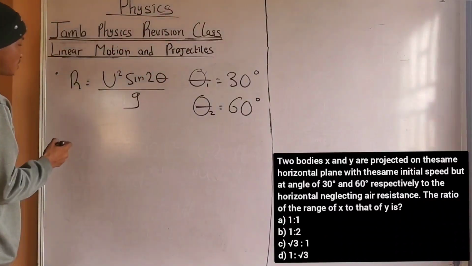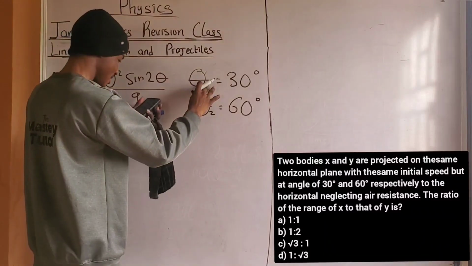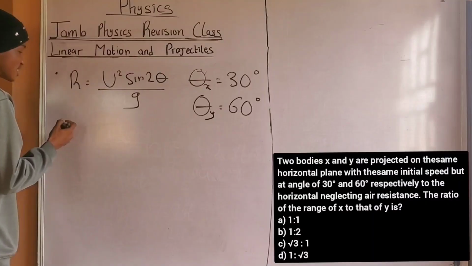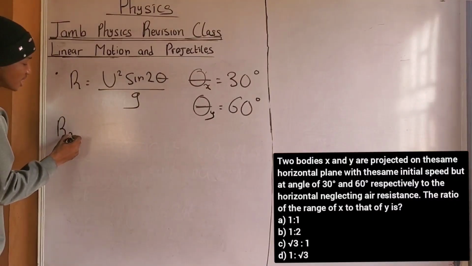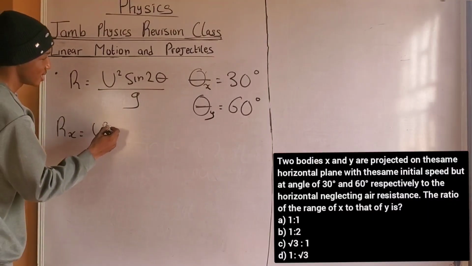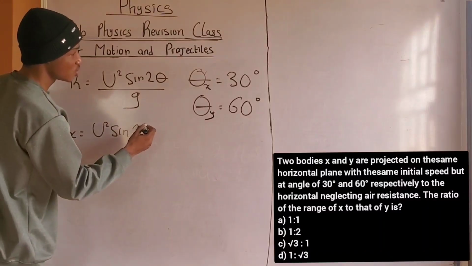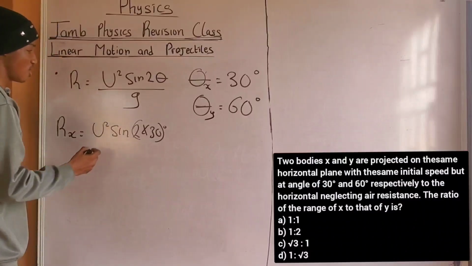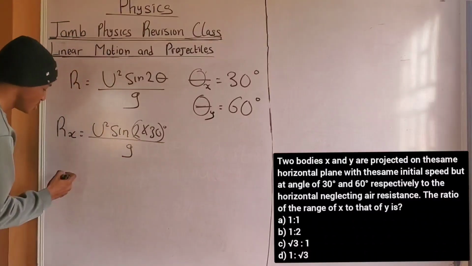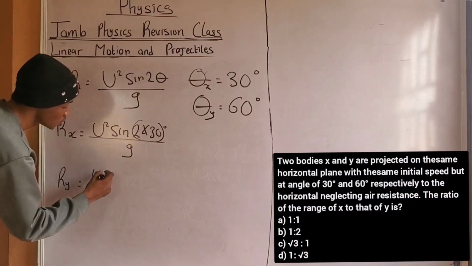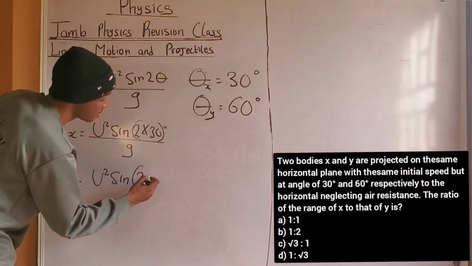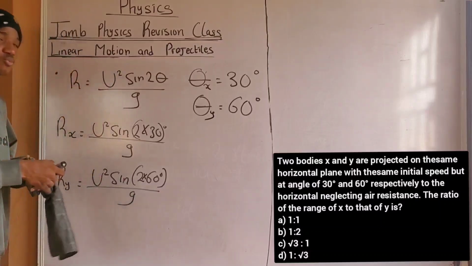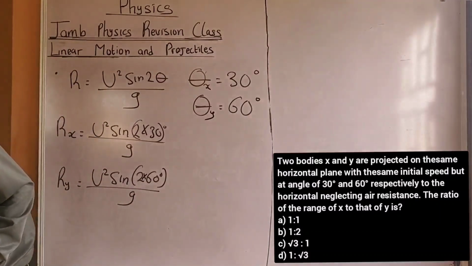Now, this is for x, and let's call this one y. Let's calculate the range of x. Range of x will be equal to U squared sine of 2 times 30 degrees, all over G. And the range of y will be equal to U squared sine of 2 multiplied by 60 degrees, all over G. Now we have to take their ratio, and ratio simply means division.